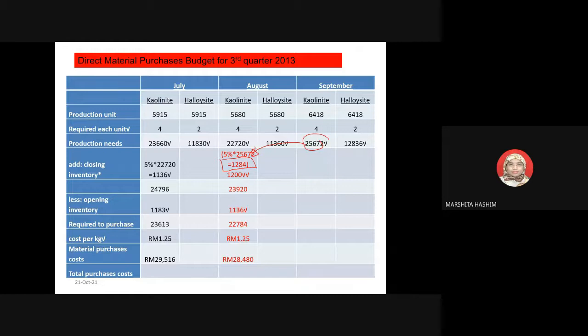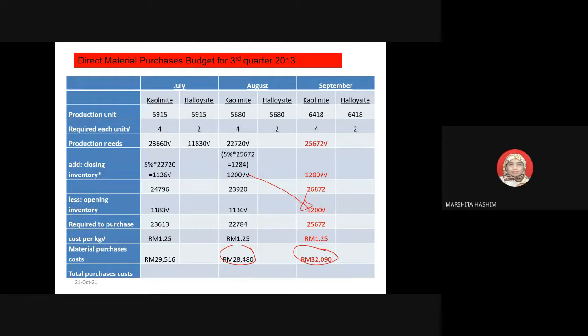So our maximum material is 1,200. This value we bring to next month. And then you calculate material cost for August and September.